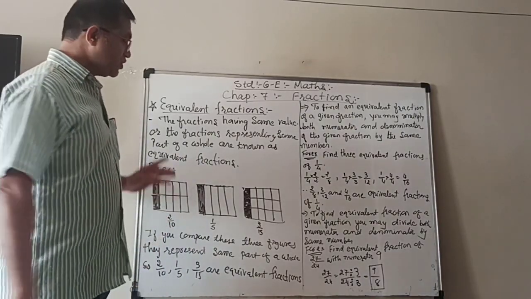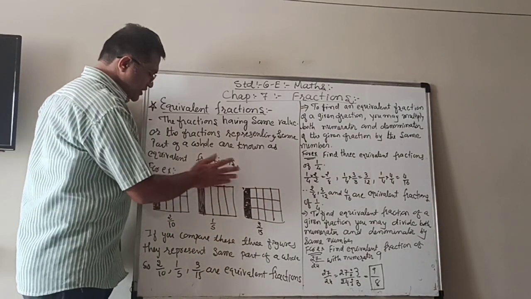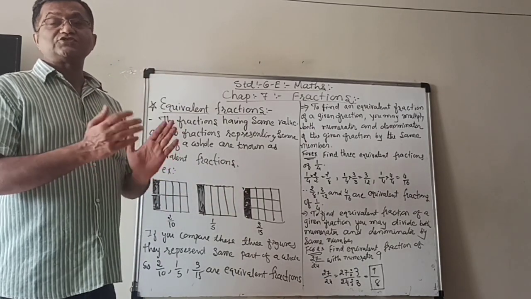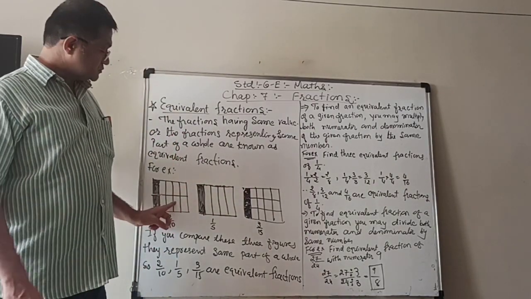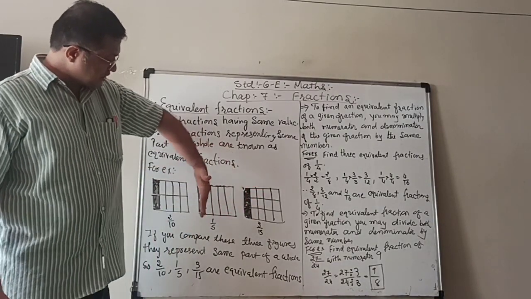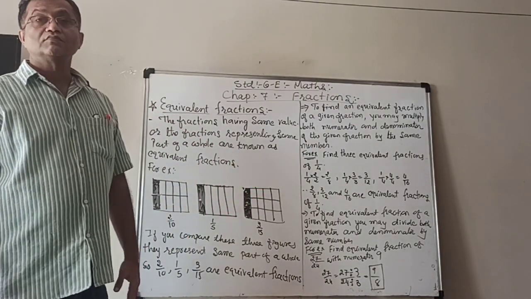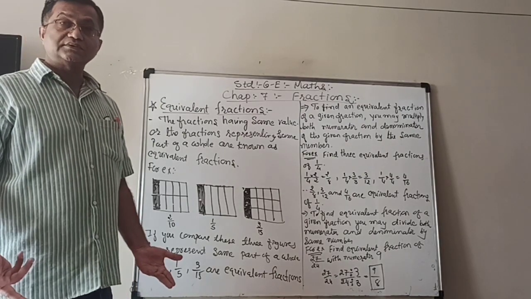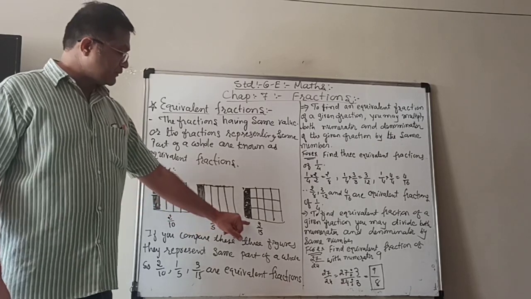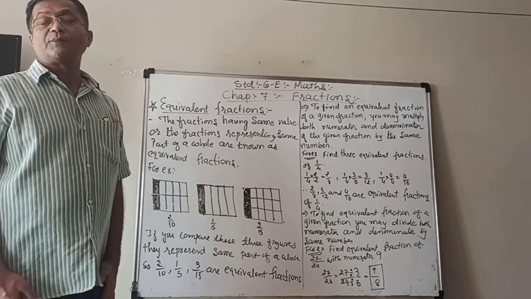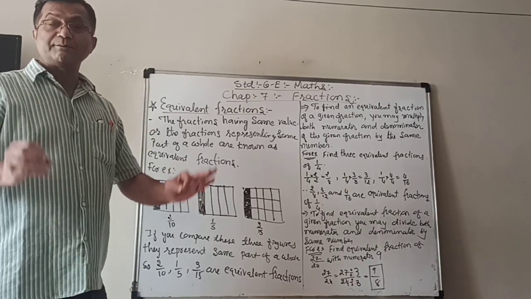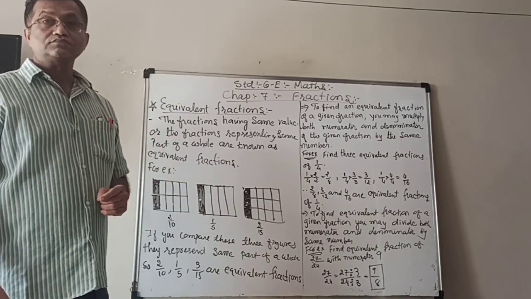But now if you ignore these parts and everything, and if you put all the pictures one over the other, they represent the same part of the whole, only this one strip. It means that 2 upon 10, 1 upon 5 and 3 upon 15 represent the same part of the whole.